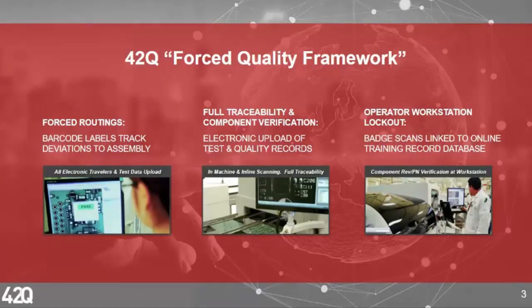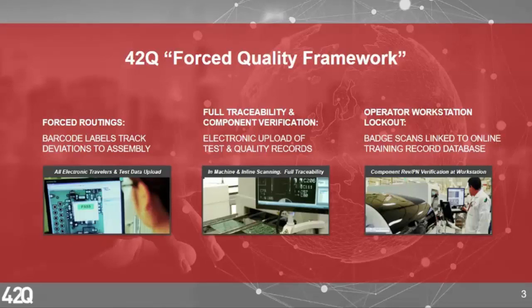And we also have the operator workstation lockout. So if you have specific processes that operators need to be certified to work on, we're going to make sure that they're certified before they can work on that process. So if an operator is trying to log into production workbench and work on that process, if they're not certified to work on it, they will not be able to do any work on it.